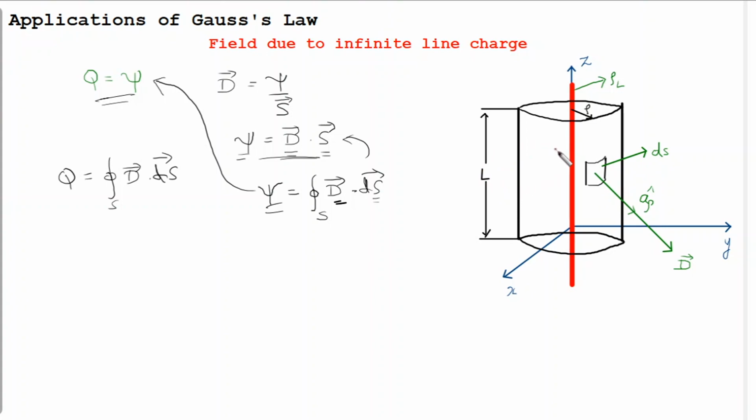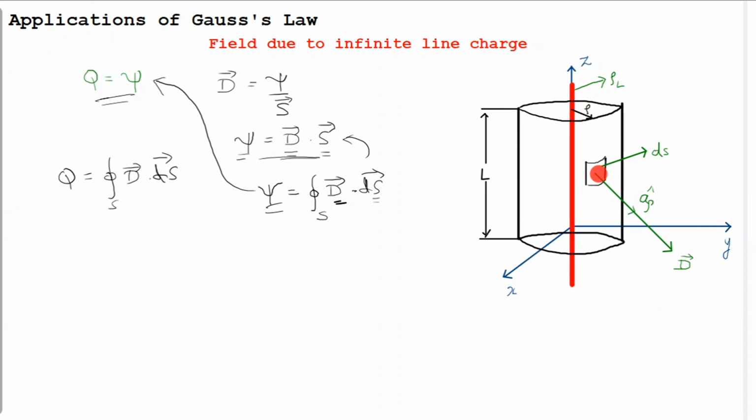I'll repeat. Actually, when I enclose a charge, the flux lines can come out anywhere through the surface. It can come through the top surface, it can come through the bottom surface, it can come through the side surface. But due to two reasons. One reason is, as we already discussed, we always hold the surface normal to the charge to measure the flux line.